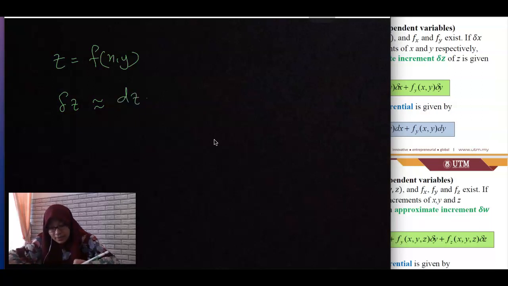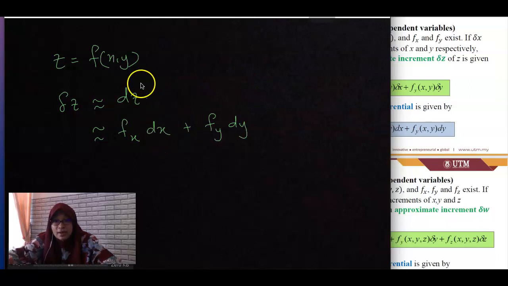So what is the formula of dz? The formula of dz is fx dx plus fy dy. This is for a two variable function because there are x and y.